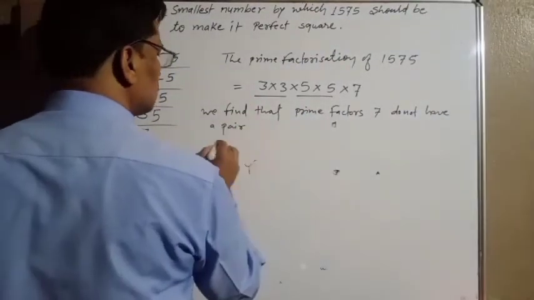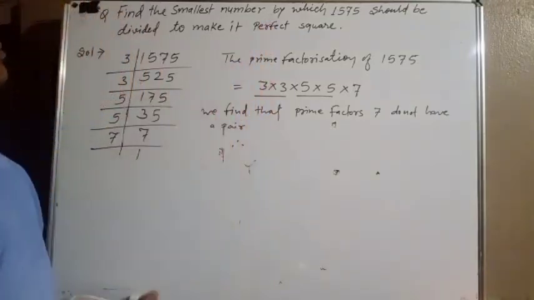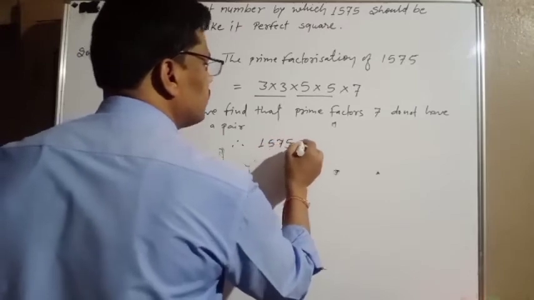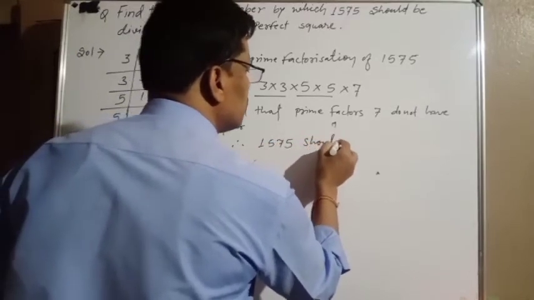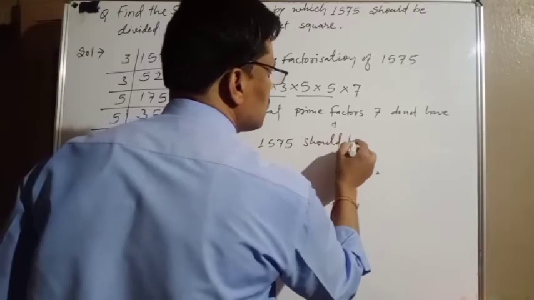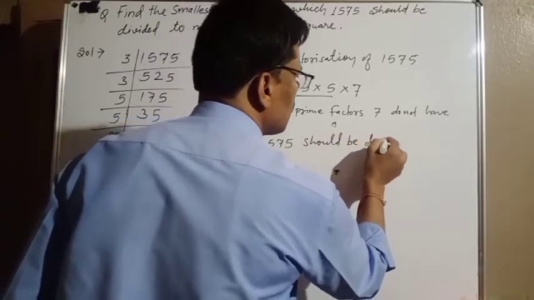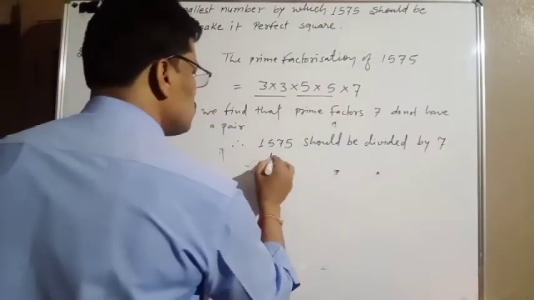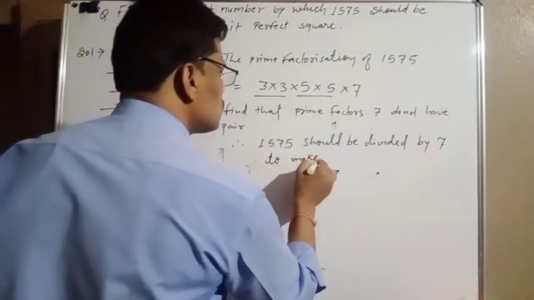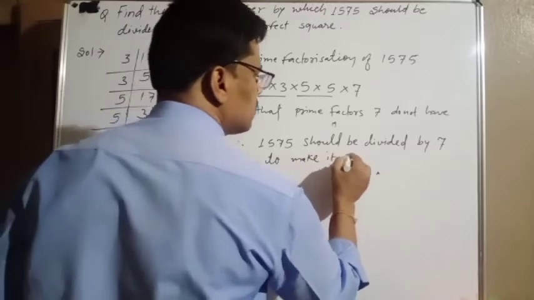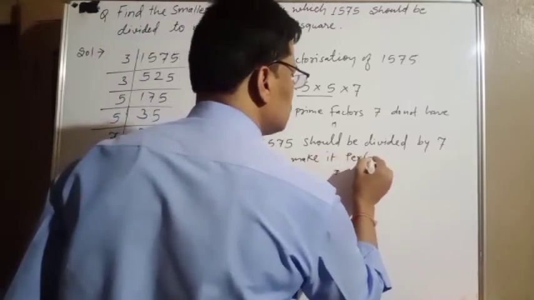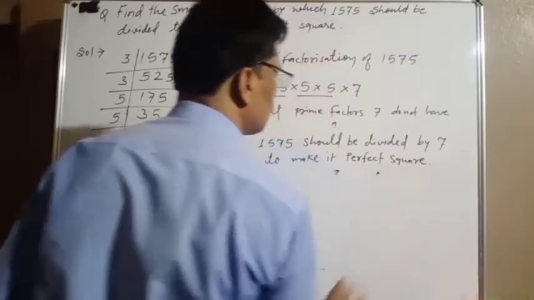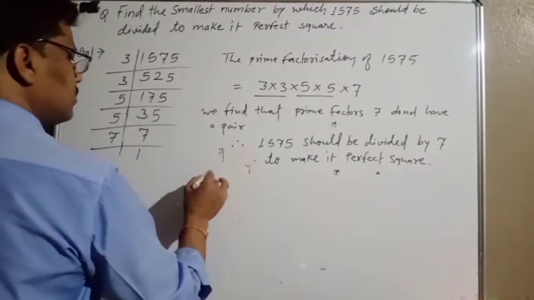Therefore, the given number 1575 should be divided by 7 to make it a perfect square.